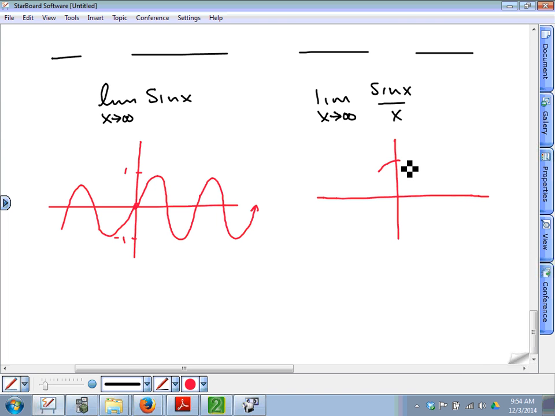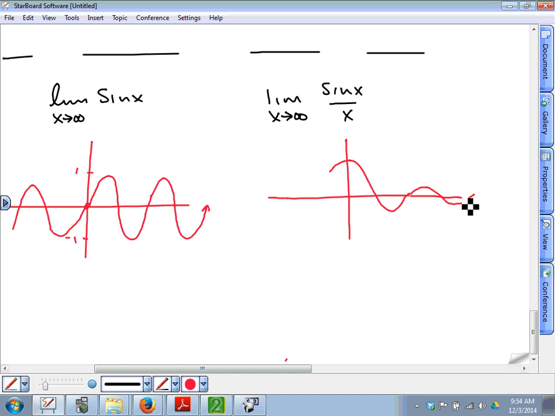Let me start over with that one. It's smaller. Shouldn't it be a sine graph? It's the sine of x divided by x. So, start at 1, or is it? Yeah. But there's a hole at 0 because x can't equal 0 technically.